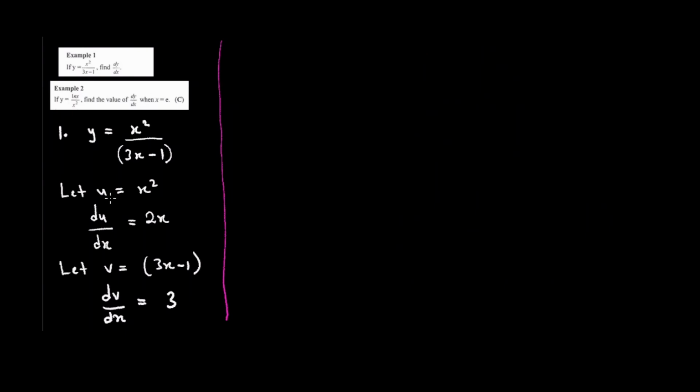Saka tava na u edu du dx, tina v dv dx, tova tati dy dx is equal to, start with v du dx minus, because the quotient rule, u dv dx over v squared. This is now a matter of substitution.